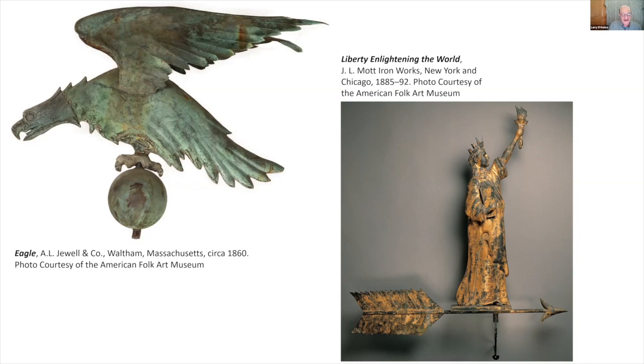So the feathers, those striations in the feathers and all that are hammered in with a hammer and a kind of blunted chisel tool with a rounded end on it. And that's how they work a lot of these up.